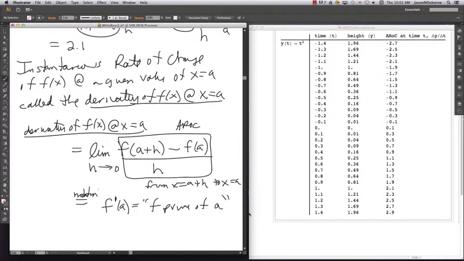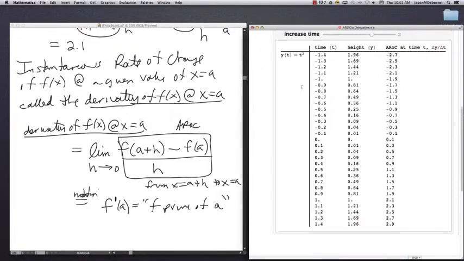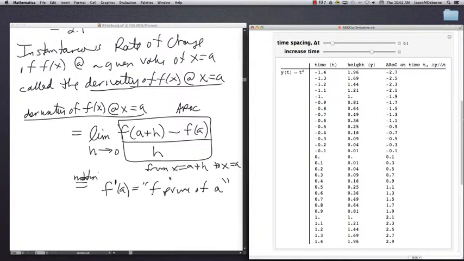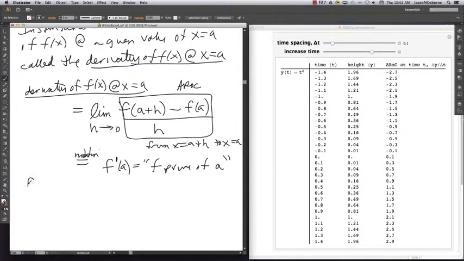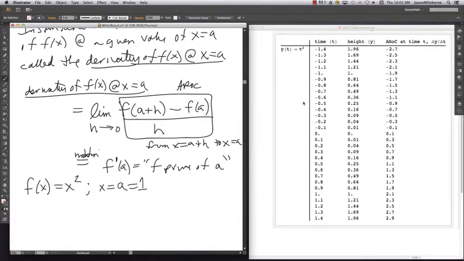Okay, so let's take a look at an example here. Let's see if we can kind of guess. So for the function f of x is equal to x squared, and our particular value of x is equal to a is equal to 1. That means that we are really going to be focused in a table of values on the value x is equal to 1.